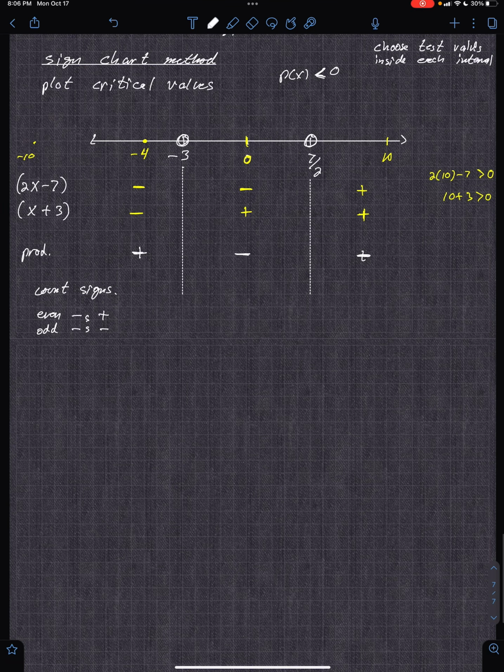You state that interval, not including the endpoints because it's a strict inequality: negative 3 to 7 halves. And that's the basic sign chart 1. We will do a couple more after this. We'll probably do one more video and get to rational inequalities as well.